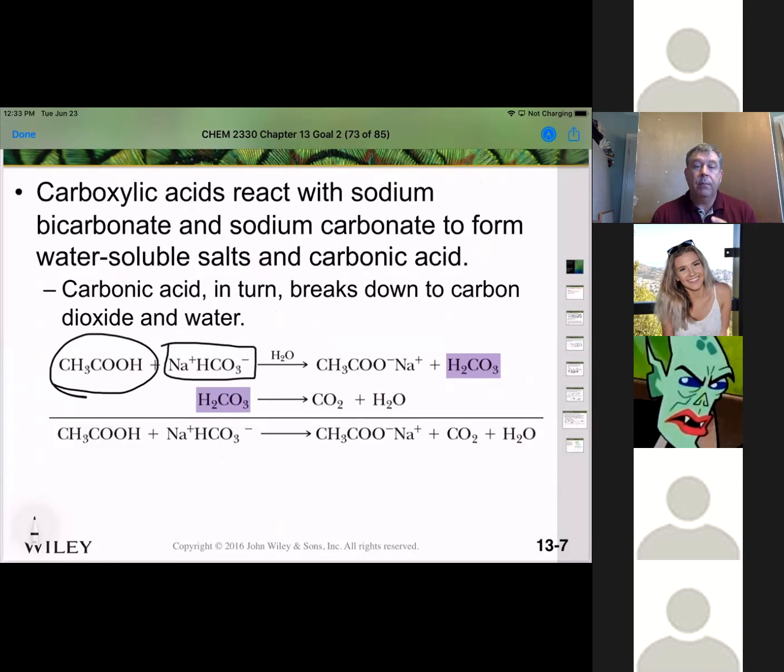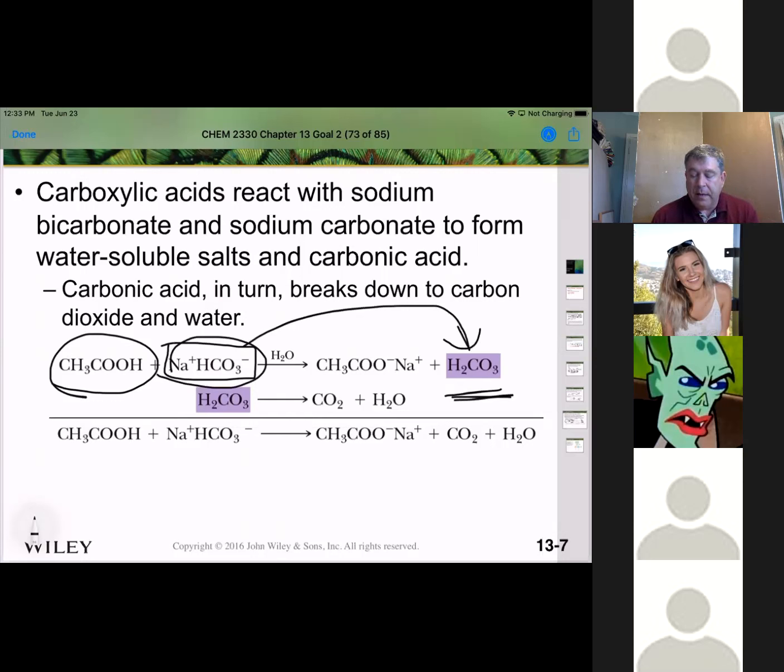Sodium bicarbonate is carbonic acid that's had at least 1 proton removed by a base, so it still has 1 acidic proton, but when it has that last acidic proton removed, it can act as a base now, and it removes a proton from the carboxylic acid to give us our carbonic acid here.